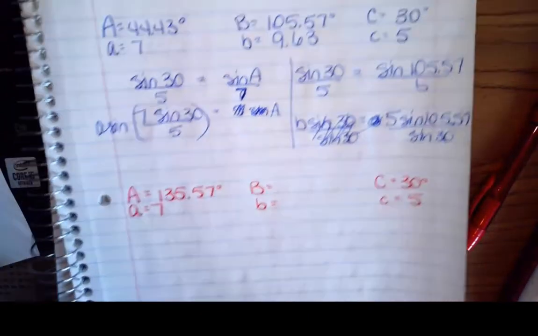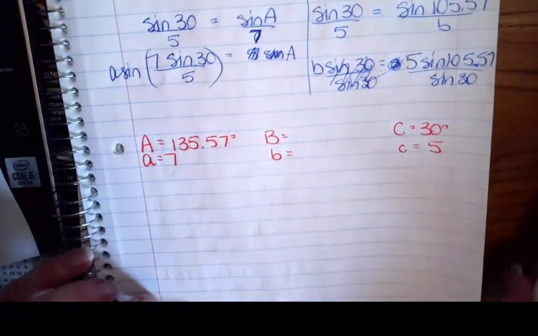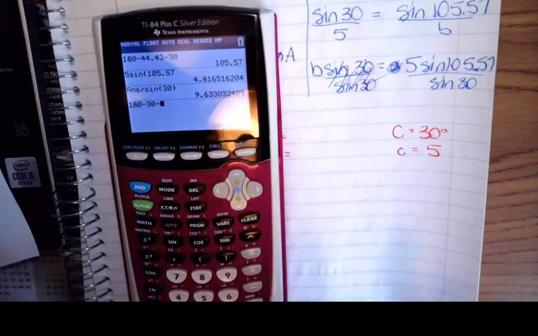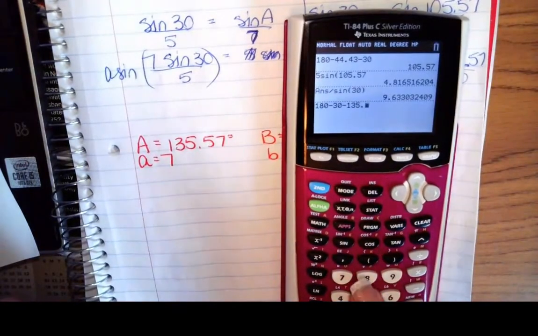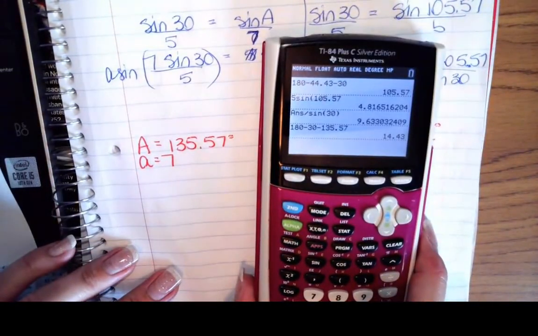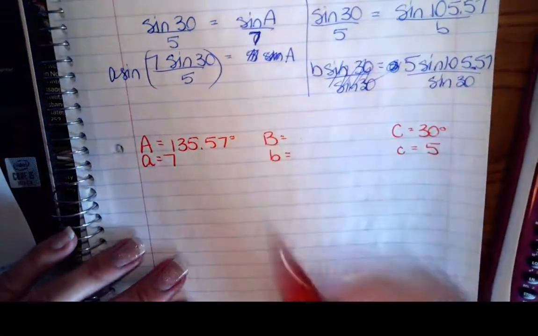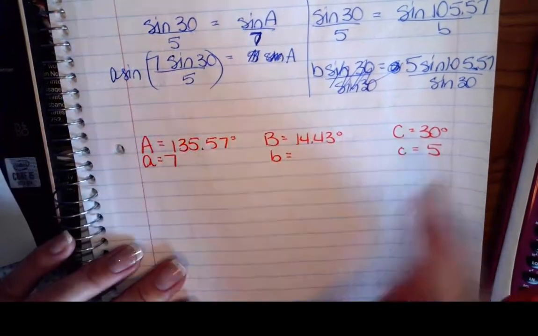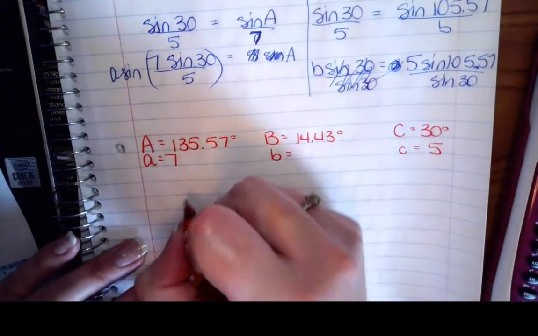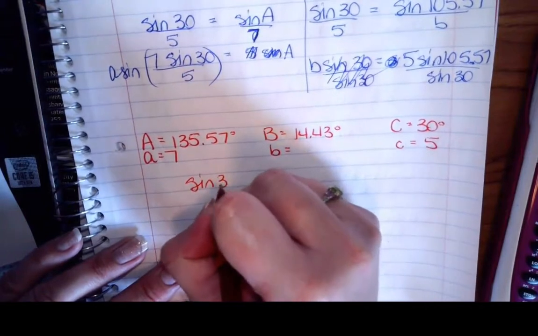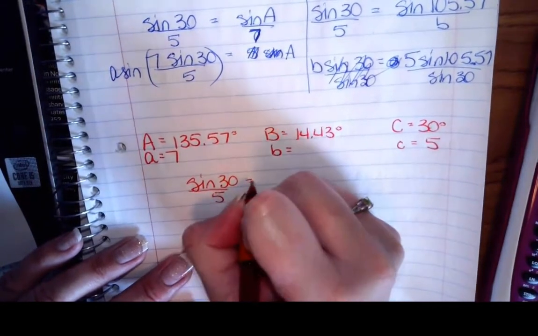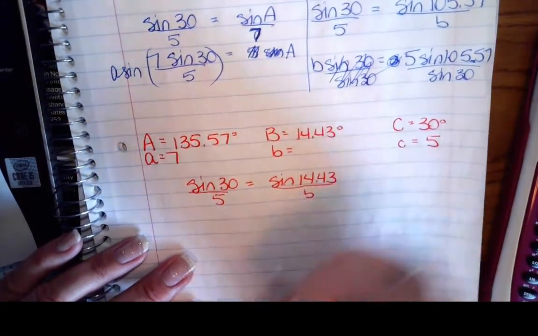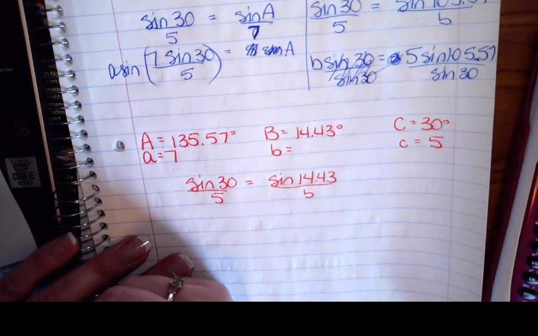Now let's go finish this one. So I know that if I subtract those two angles from 180, I will get the remaining angle, which is going to be 14.43 degrees. And now start with your initial ratio. So the sine of 30 degrees over 5 will equal the sine of 14.43 degrees over little b.